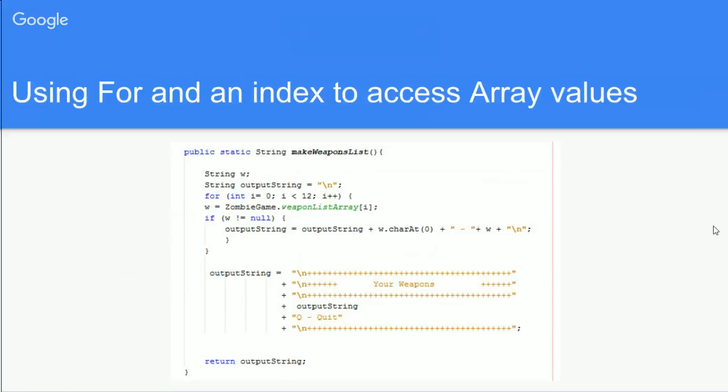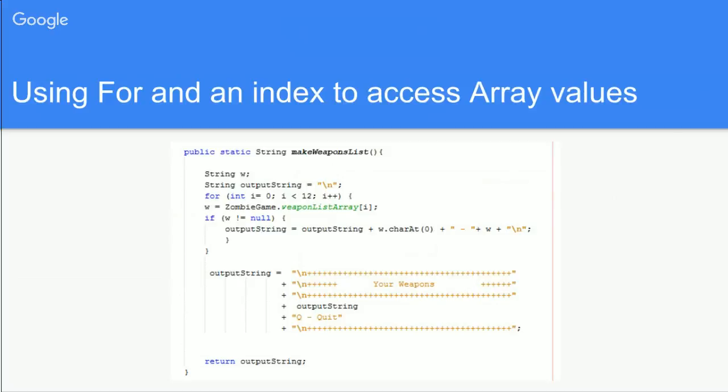To parse through or step through the elements in an array, you use a for with an index. And this is an example of the code for one of the pieces of sorting through this weapon list array that I've got. It's the single dimension array, and this little menu has to be dynamic, and there could be any number of weapons that the player has.